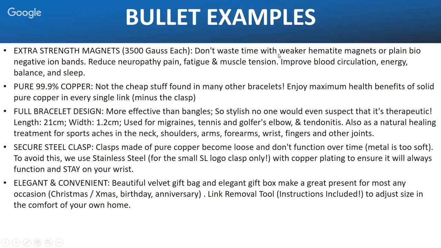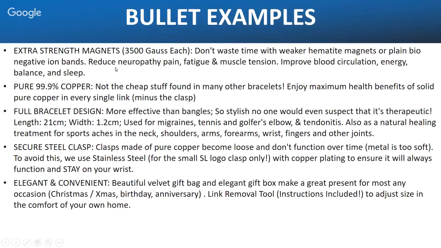Don't waste time with weaker hematite magnets or plain bio-negative ion bands. So again, that's highlighting a potential issue with competitors' products. It's highlighting that there are weaker ones out there. Use our extra strength magnets. Again, there's a benefit here.